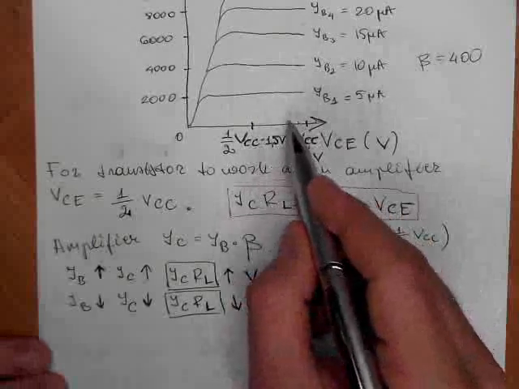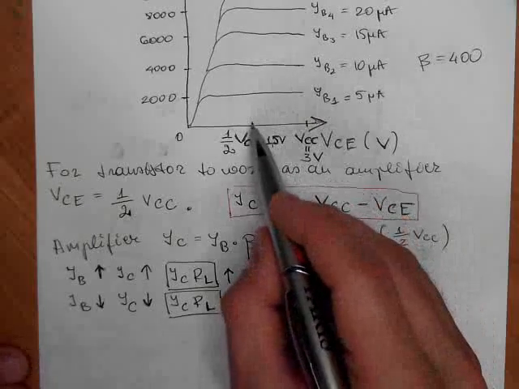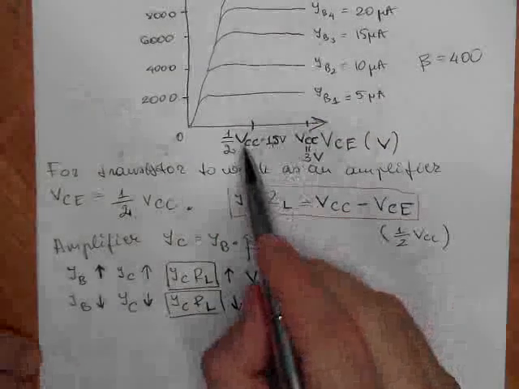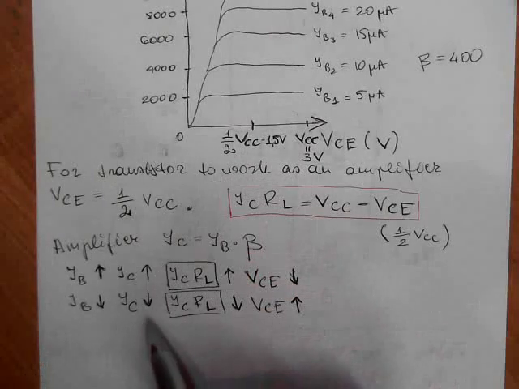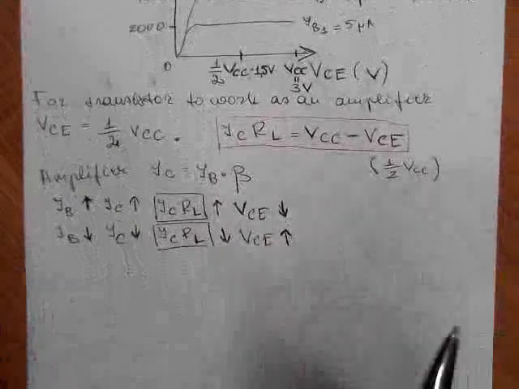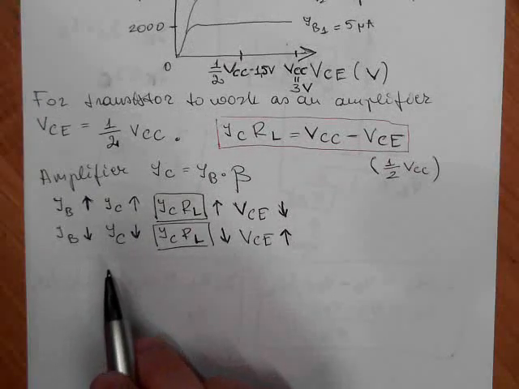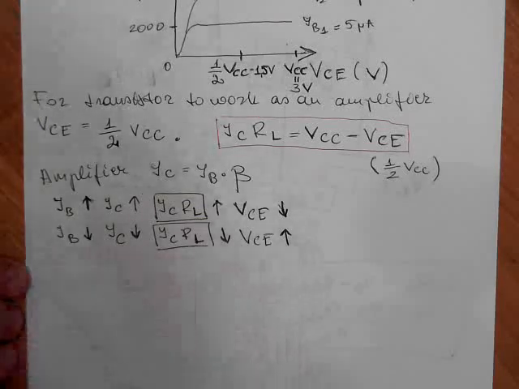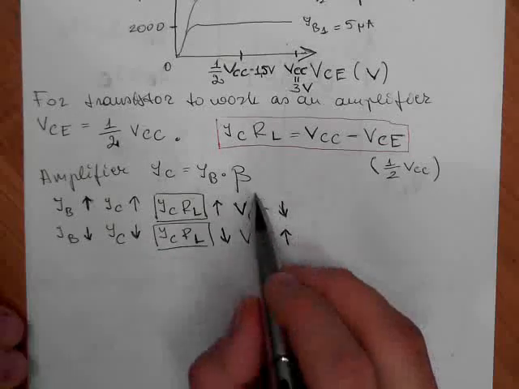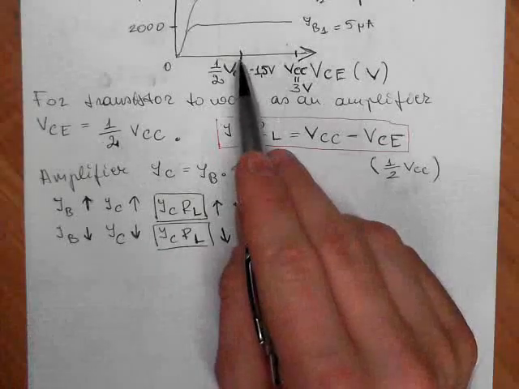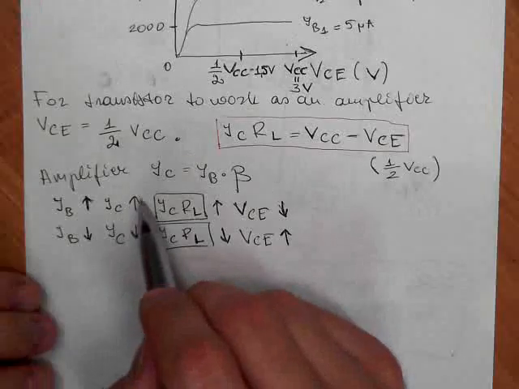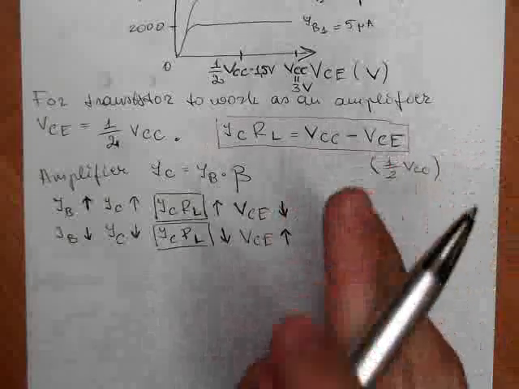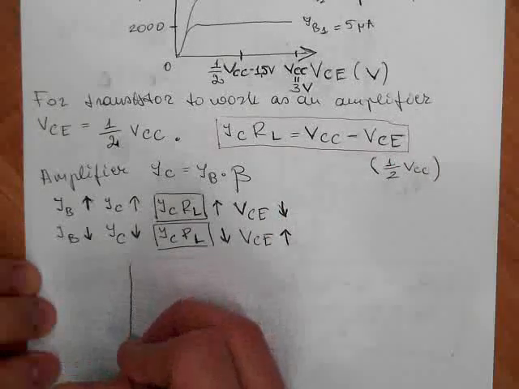So initially positioning us at a half allows us to obtain an increase in IC and a decrease in IC, because the base current can swing up and swing down. By positioning at the half we are able to register IC increase and IC decrease, so we don't lose either the increase or the decrease in the current.